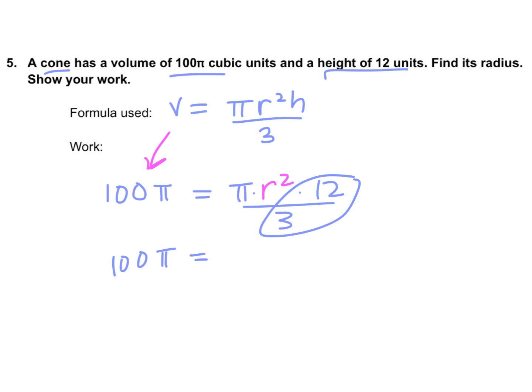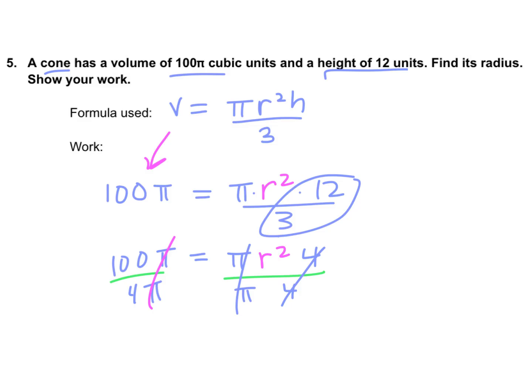So on the right side, I have pi, I have the radius squared, and I have 4, because 12 divided by 3 is 4. Now to get the r squared by itself, I'm going to divide both sides by this pi and this 4, so I can cancel those out. And then whatever I do to the right side, I have to do to the left. So I'm going to divide by 4 pi.